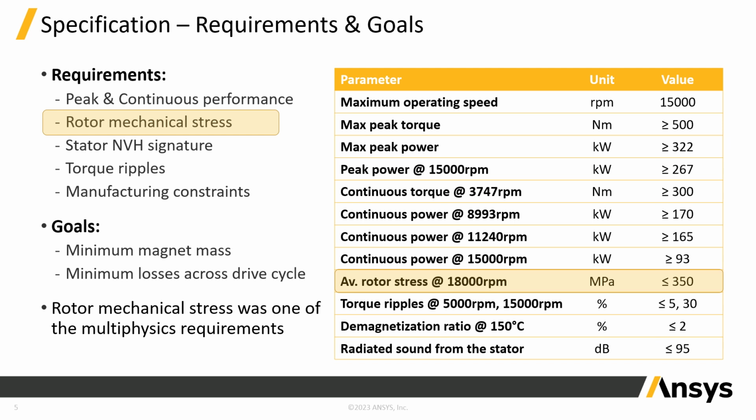We set a limit based on the material being used, the yield stress of the material. We took some averages in certain regions of the geometry, and used those as a requirement that the machine had to meet, alongside other requirements for things such as torque, power, and thermal performance as well.